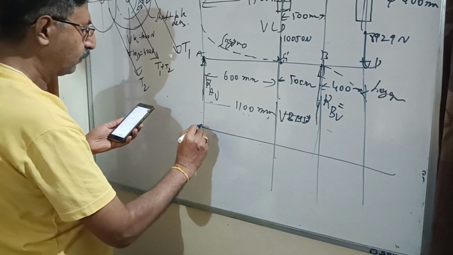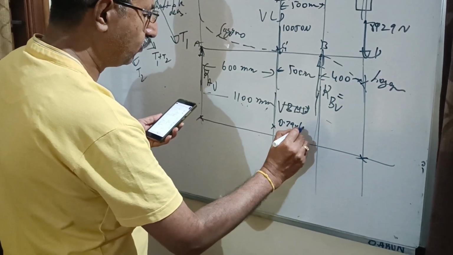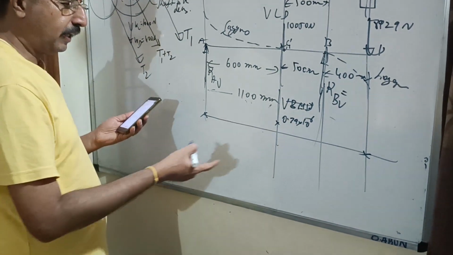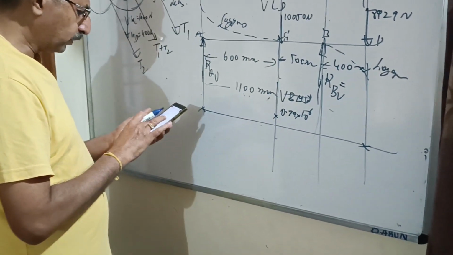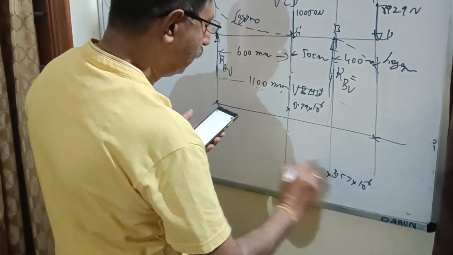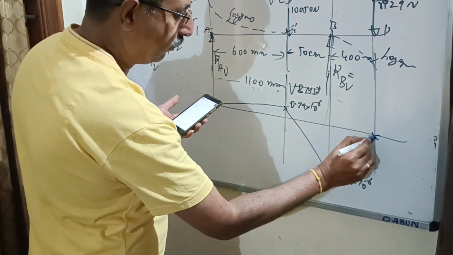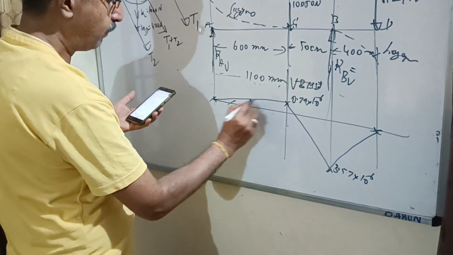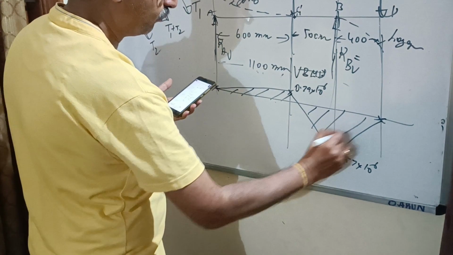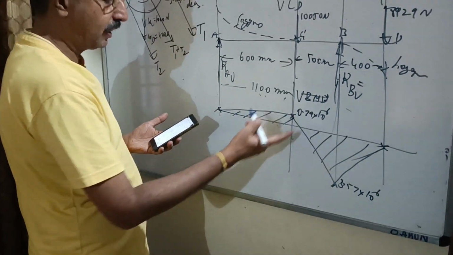At the end point it is 0. Here it is around 0.79 into 10 raised to 6. At point B it is 3.57 into 10 raised to 6. Just join this like this. This is the shape of the bending moment diagram, the VBMD.